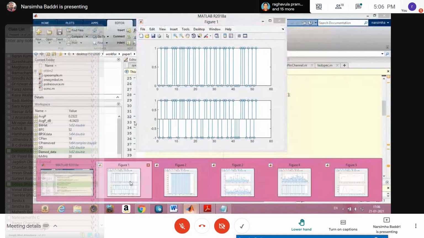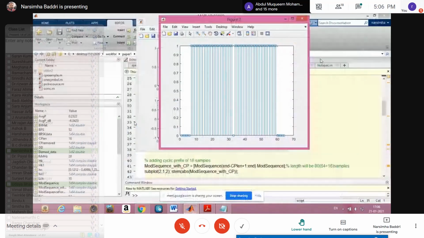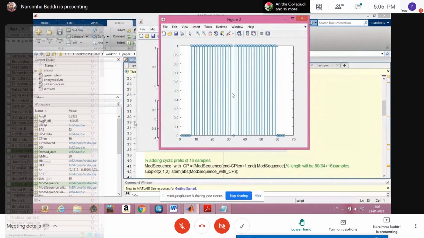Okay, so this IFFT shift operation, or this subcarrier assignment: we are assigning the data to these carriers, whatever the carrier assignments are shown. We are arranging the 52 data points. First 26 data points go to these 26 carriers.